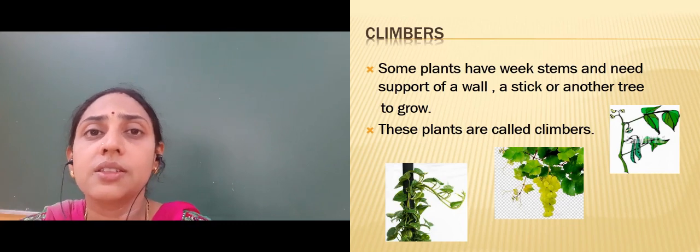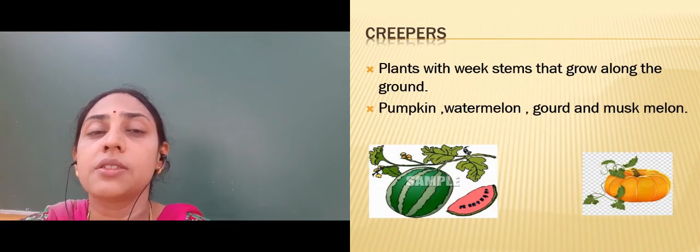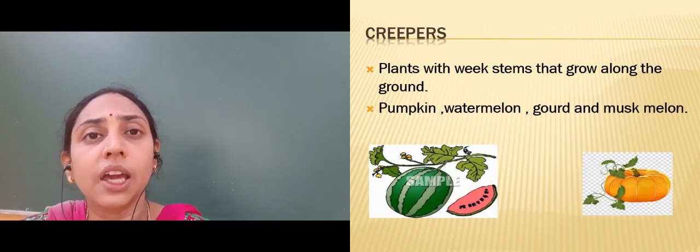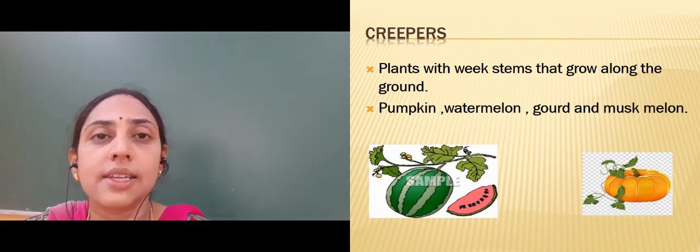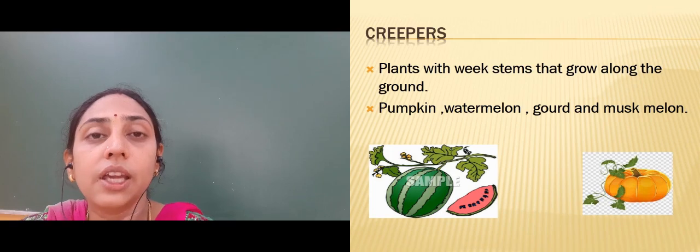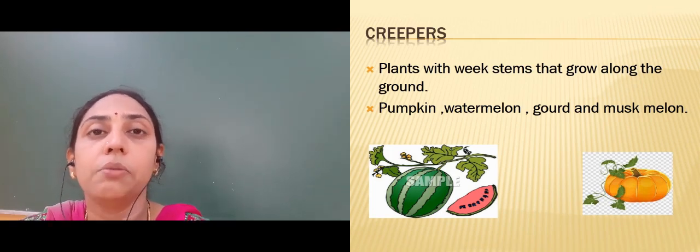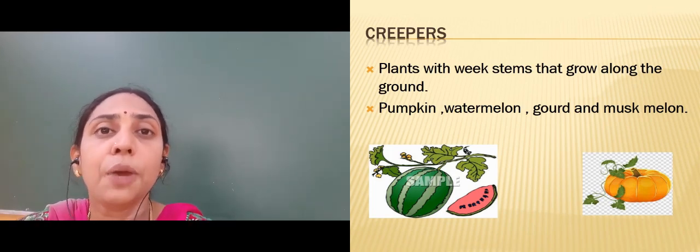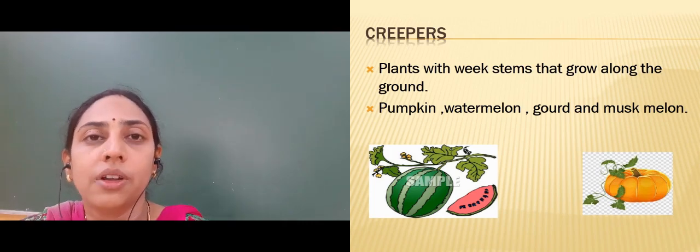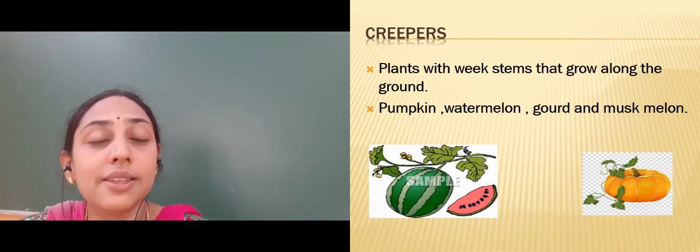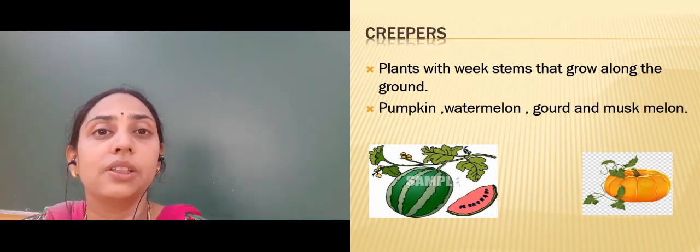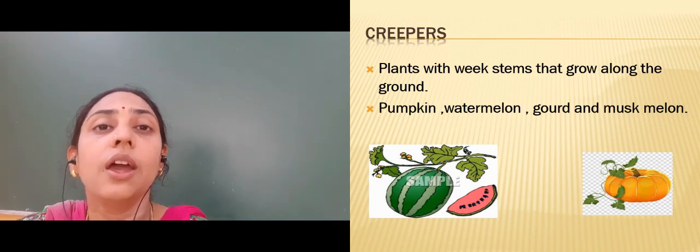In the same way, there are some plants that have a very weak stem, but they cannot even get the support of a wall, stick or any other plant. They cannot grow like climbers. So they creep along the ground. Right? Now what do you think is the reason behind this? The reason is they bear fruits that are very heavy.